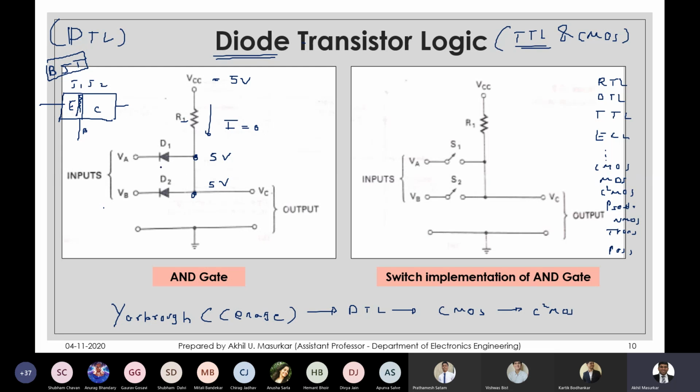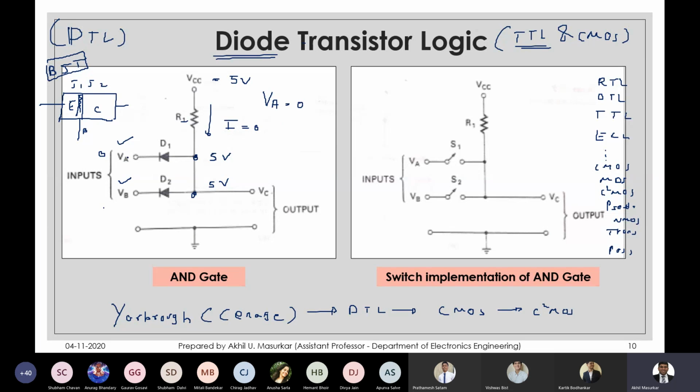So depending on what you apply at VA and VB, diode D1 and D2 will be forward biased. If VA is 0, cathode is at a lower potential as compared to anode.